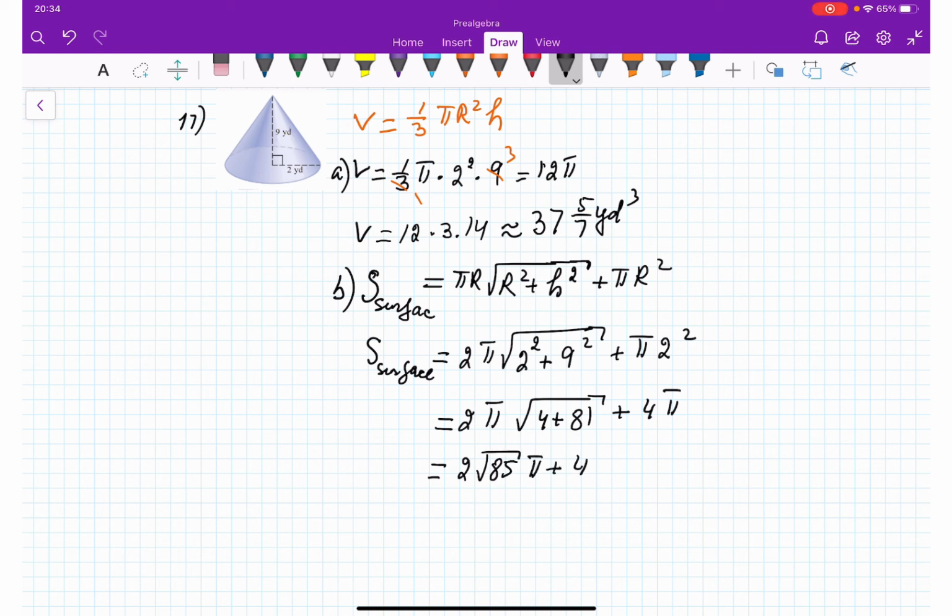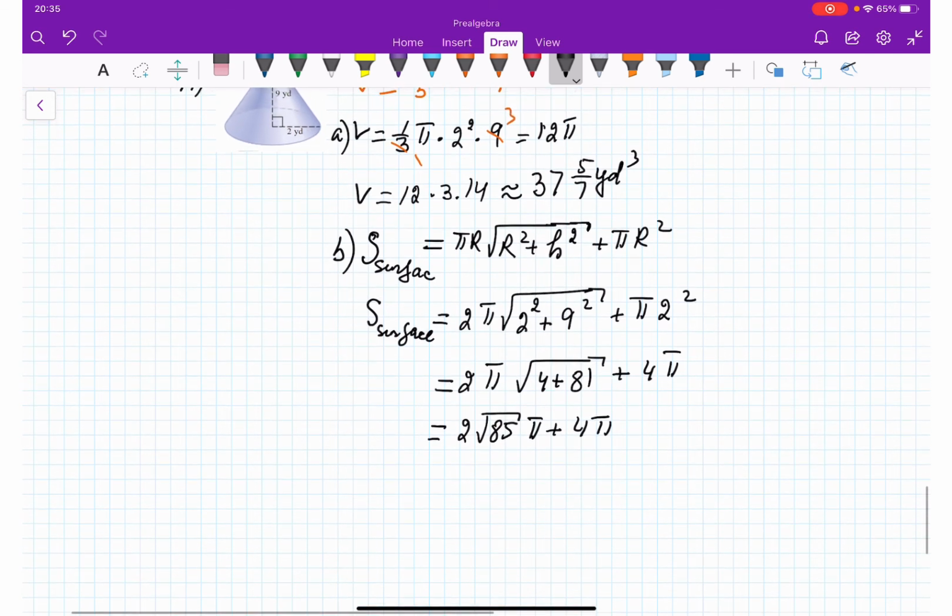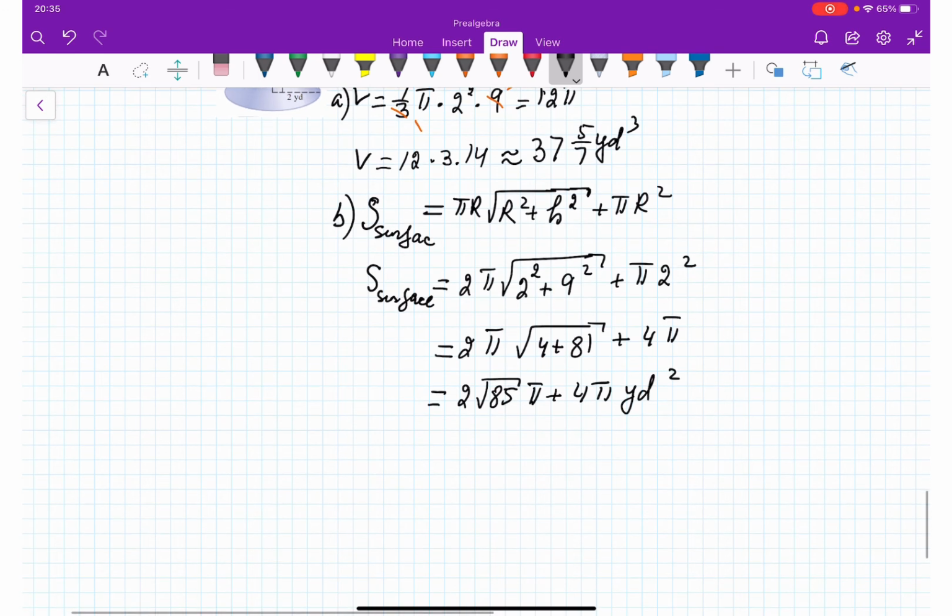And plus 4 pi. Okay, so this is going to be square yard squared. All right, so this is what we got.